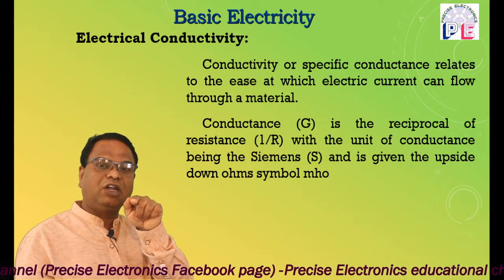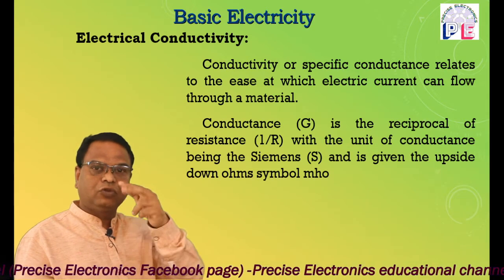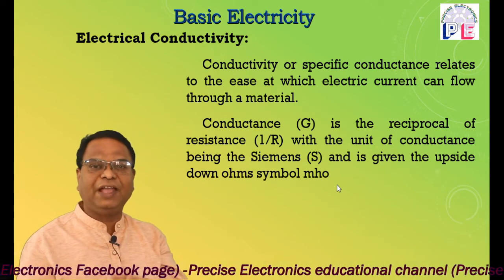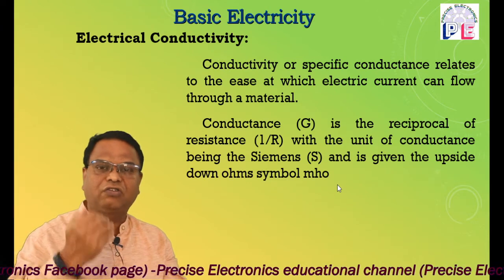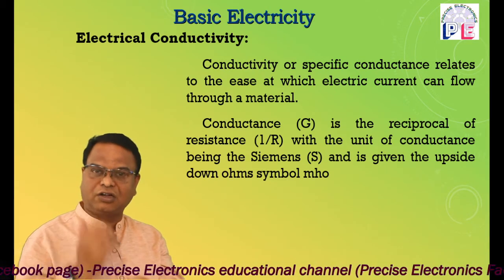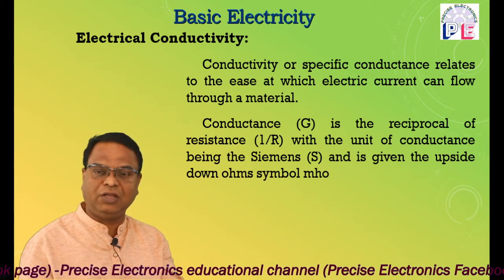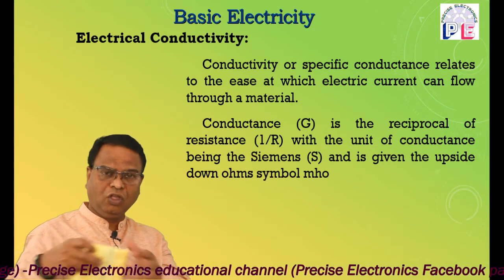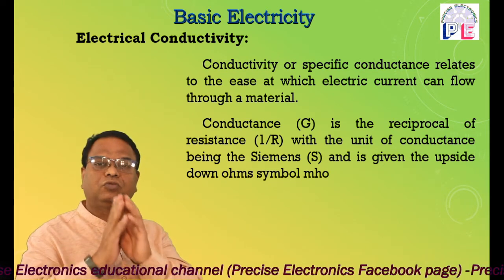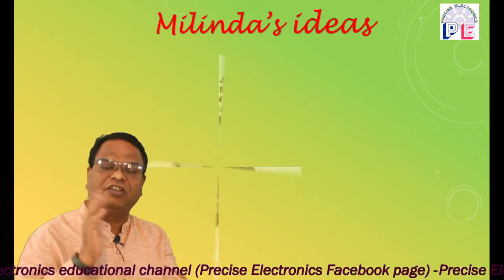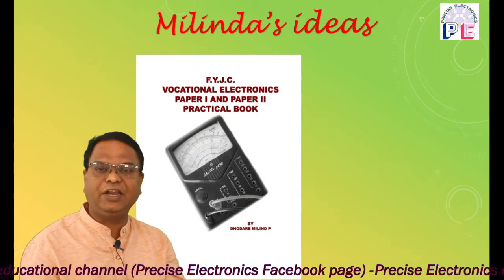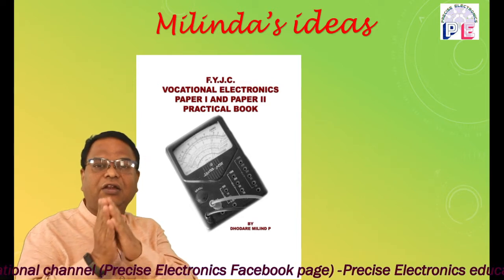The symbol of conductivity is exactly opposite, a mirror image of ohm, and that is mho, M-H-O. Resistance is ohm, O-H-M, and the unit of conductance is mho.